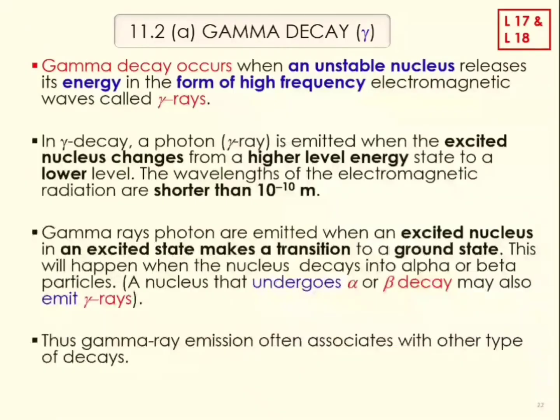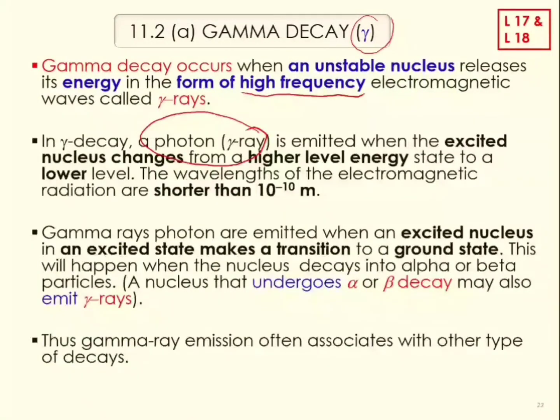Okay, for the gamma decay, this is the symbol for gamma decay. It occurs when an unstable nucleus releases its energy in the form of high frequency EM waves called gamma rays. In gamma decay, the nucleus emits a photon, when the excited nucleus changes from a higher energy level state to a lower energy level.